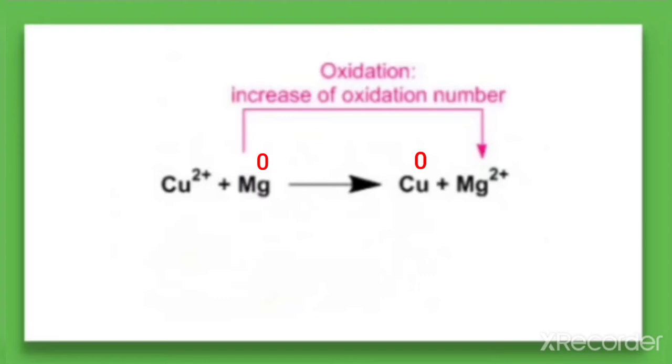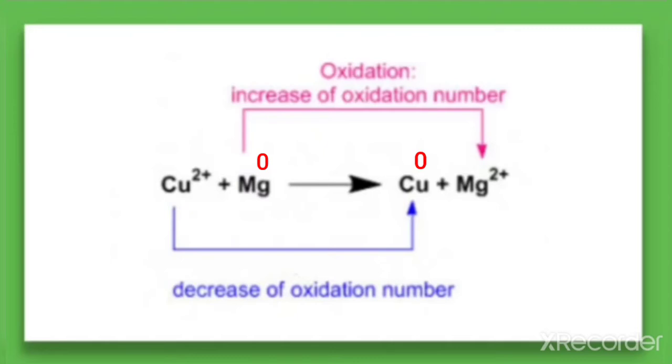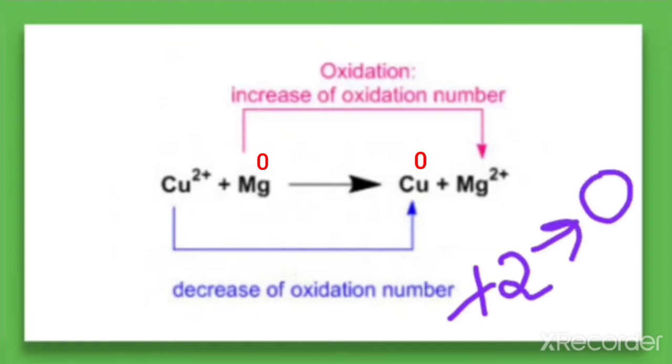That means the oxidation number is 0. From reactant to the product side, there is a decrease in the oxidation number, because the value changes from +2 to 0. That means the oxidation number has decreased.